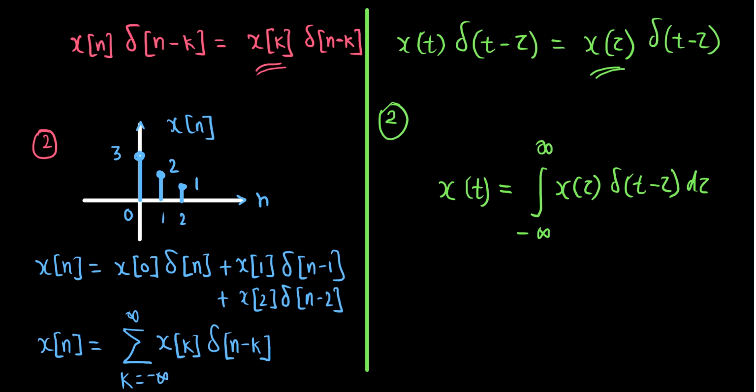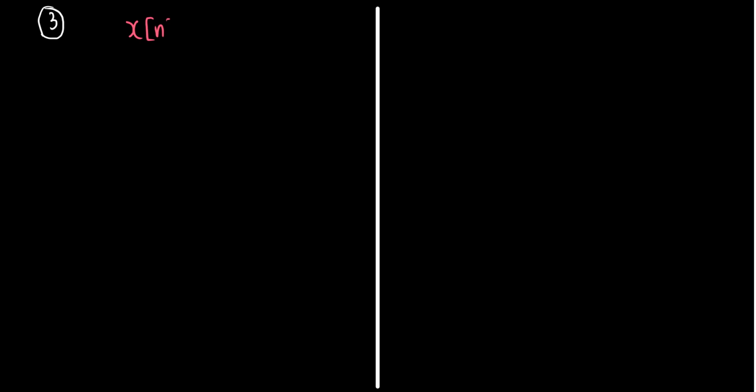The next property that we are going to look at is the flipping property. It's a very simple property but very important. We can easily verify that del of n is the same as del of minus n, because as we flip it, it remains the same.